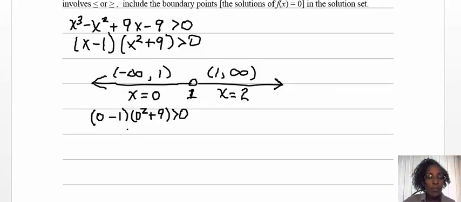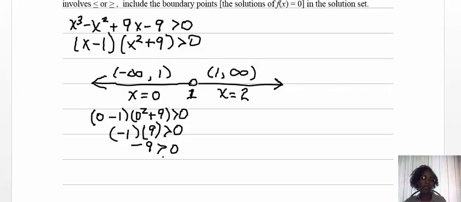So when I replace x with my test value, do I get a true or a false statement? So I wind up with negative 9 greater than 0. Well, that's false. So that means all the numbers in this interval will make the inequality false.